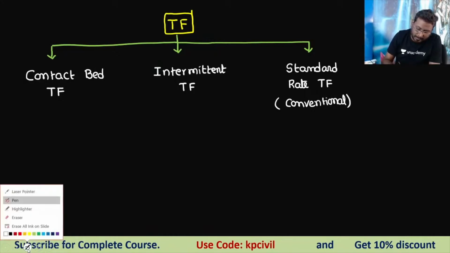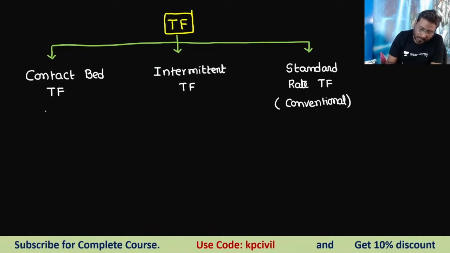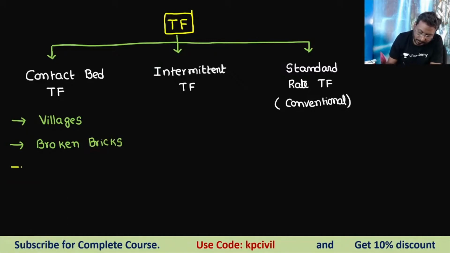Now contact bed trickling filters. Contact bed trickling filters are used in villages. Broken bricks are the filter media. The rate of filtration is 1000 to 2000 liter per day per meter square.